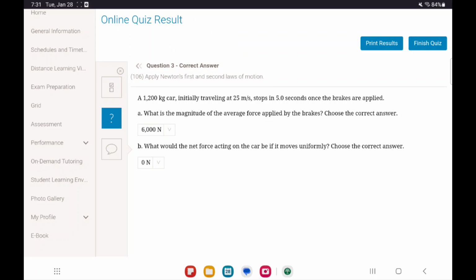In the previous question, number 1, we used the formula that states V final equals AT plus V naught. Let's remember this. So here we have time, which is 5 seconds. We have initial velocity, which is initially traveling at 25, and 5 seconds once the brakes are applied.